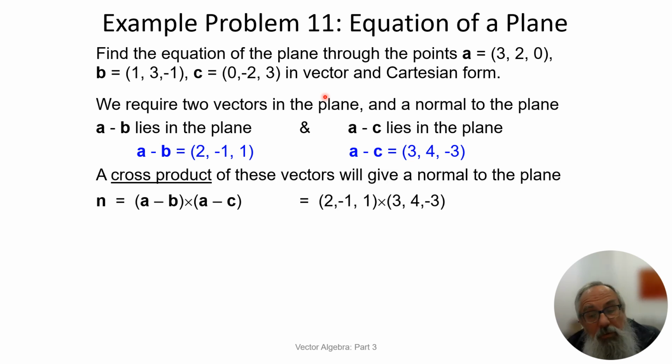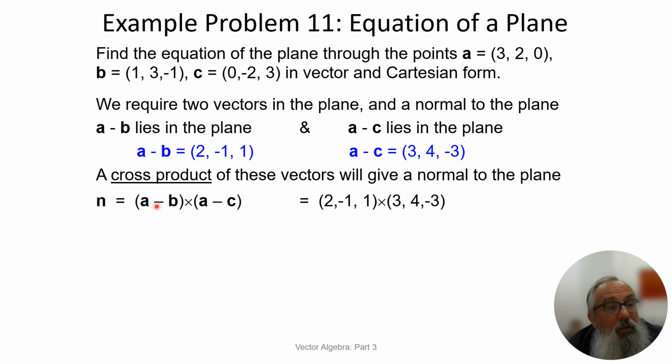Now how do we get a normal to two lines? Well, the cross product or the vector product, same thing, gives us a normal. Remember the right hand rule, whereas if our first finger and second finger are vectors, then the thumb is the normal to those two vectors.